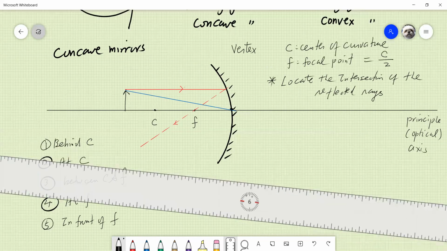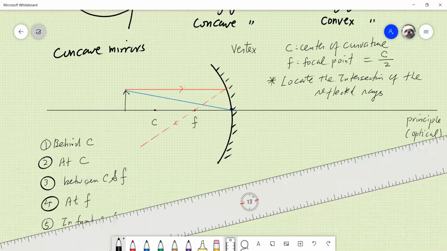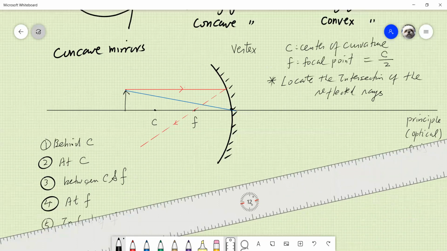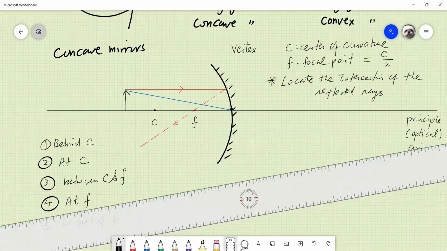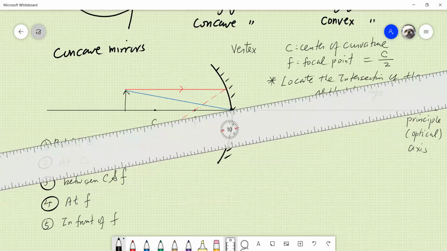Now I'm going to do the reflecting ray. If your light hits the vertex, it's going to reflect out at exactly the same angle. Remember that this angle here is 10 degrees, so this one is going to be 10 degrees too.